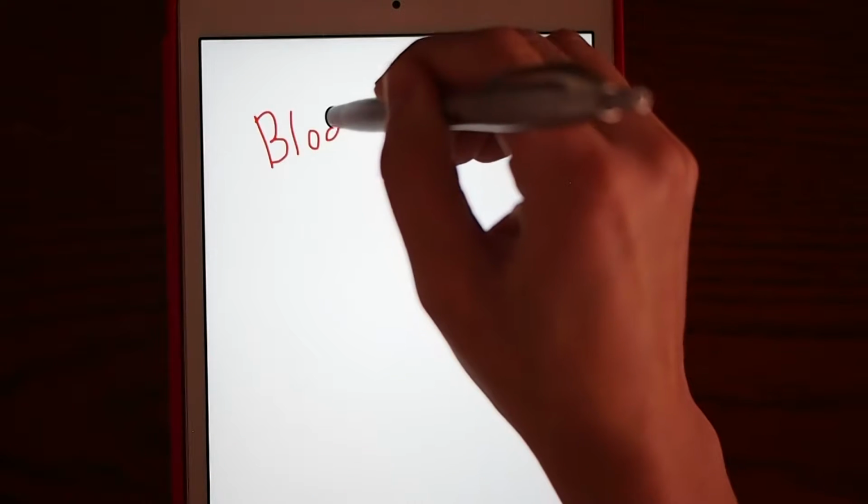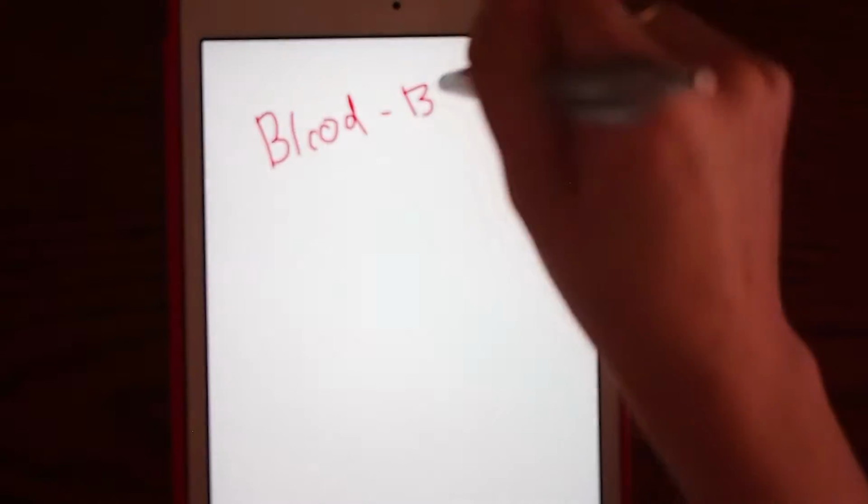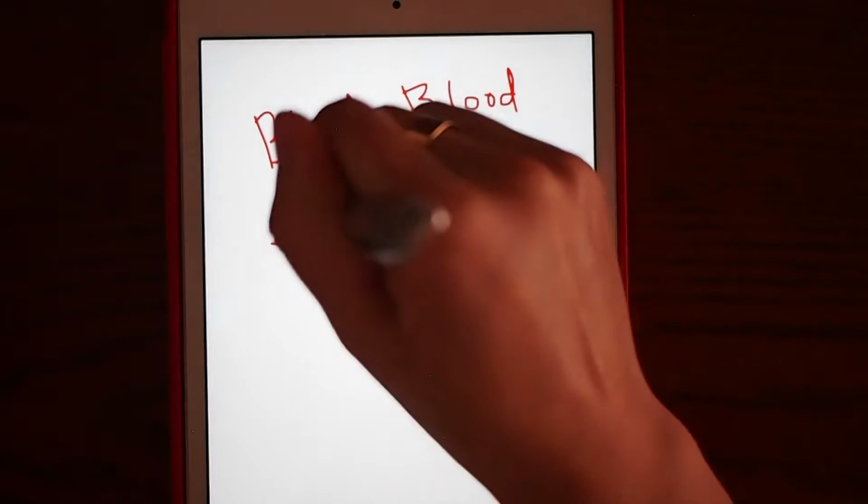Hepatitis B virus is usually transmitted through blood to blood contact, as well as through sexual contacts.